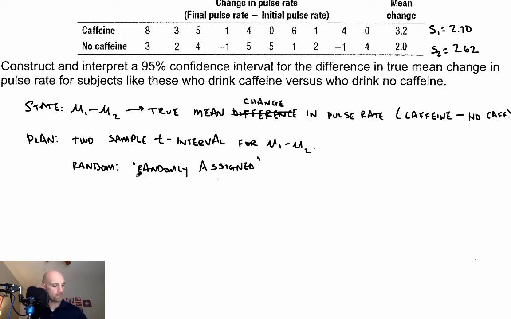So yes. Is it normal? It doesn't express normality of the population. It doesn't mention that it's greater than 30, right? We don't have that. So we are actually going to have to draw some dot plots here.